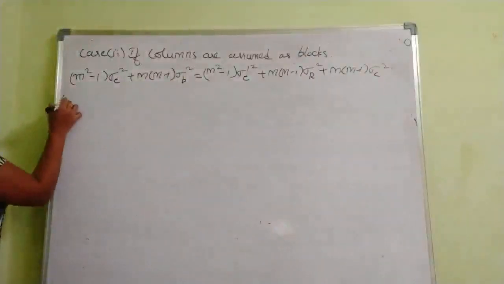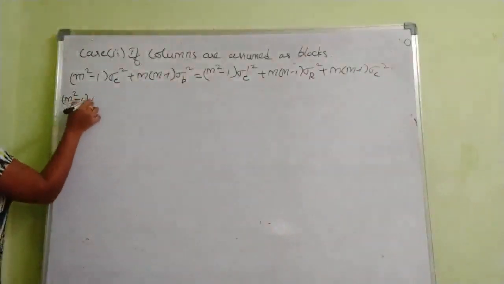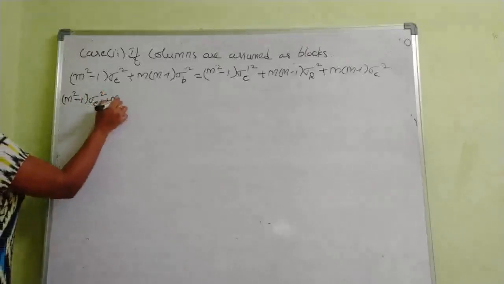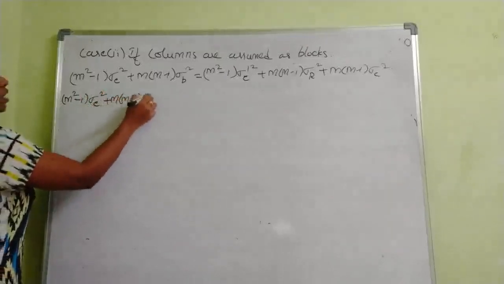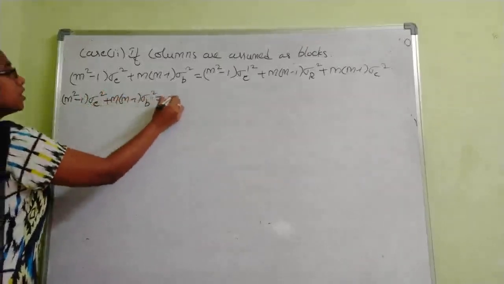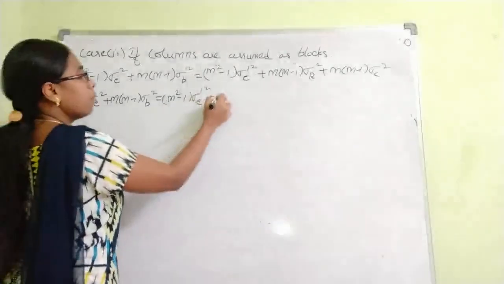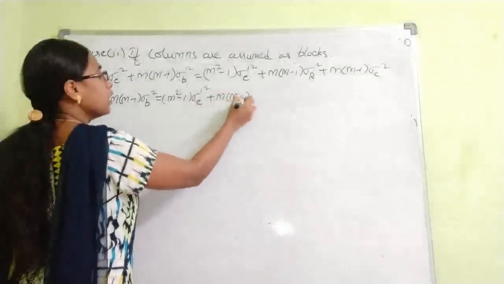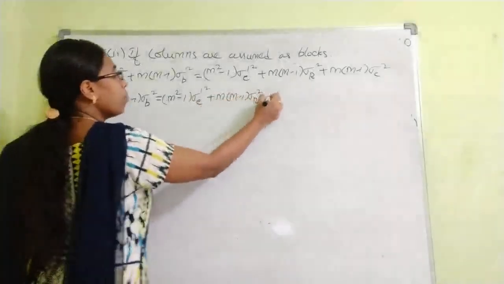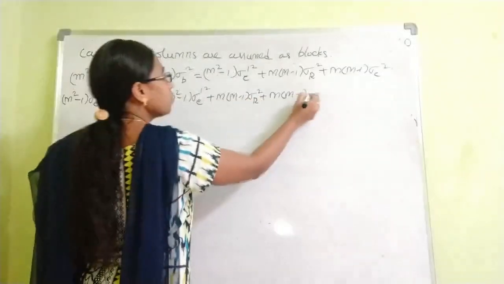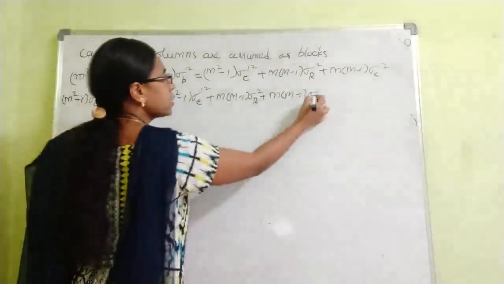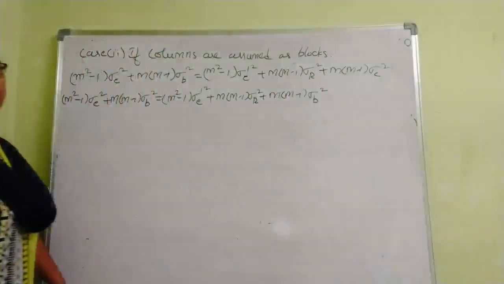So this is equal to m square minus 1 sigma e square plus m into m minus 1 sigma b square, which is equal to m square minus 1 sigma e dash square plus m into m minus 1 sigma r square plus m into m minus 1 sigma b square, in place of sigma c square.